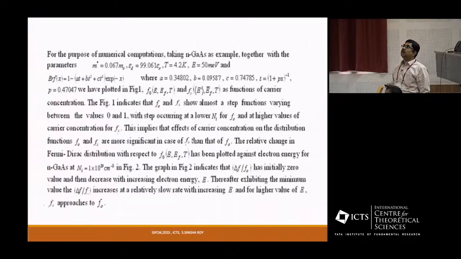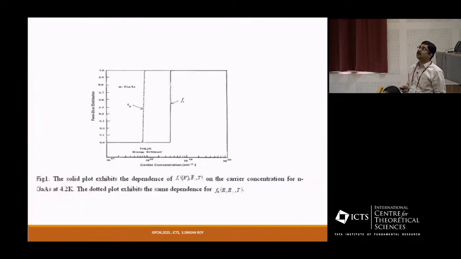Now these are our values: effective mass, epsilon D and temperature. The two functions F0 and Fs are both step-like, from 0 to 1, and we apply gallium arsenide as the semiconductor material. For these conditions, Fs is more effective than F0 because the concentration is very high.